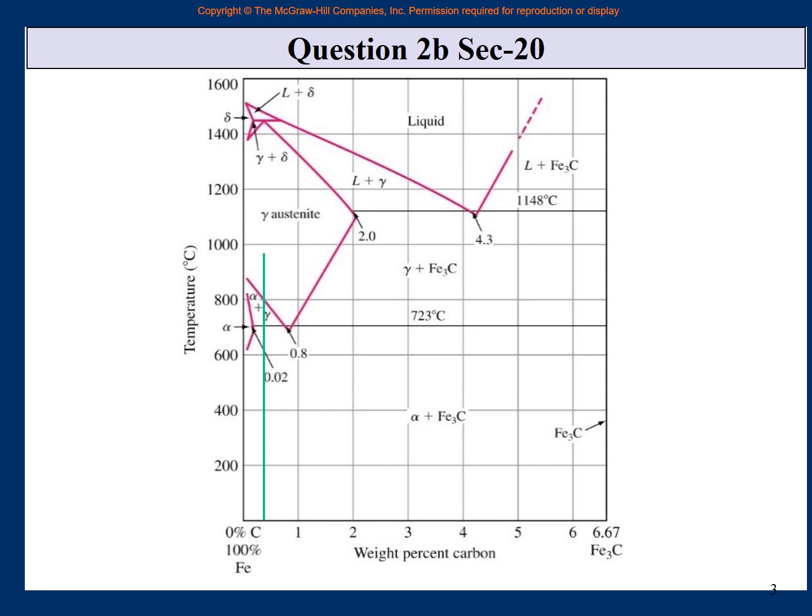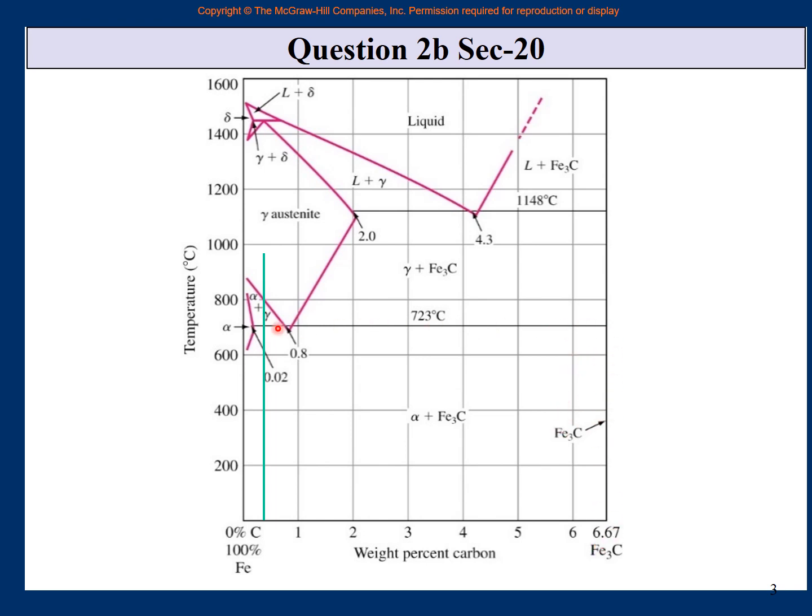We have enlarged the diagram and we have drawn a vertical line roughly here. So you are going from 925 to just below 723. Your horizontal thermal line is 723, just below 723. And this means that on the left it will cut alpha at 0.02%, and on the right it will cut iron carbide at 6.67.